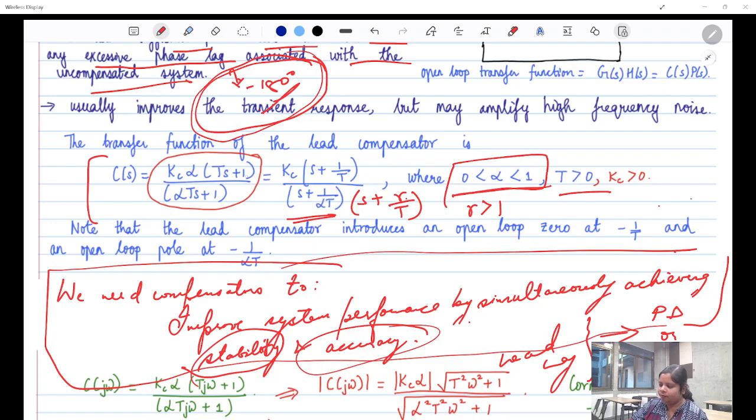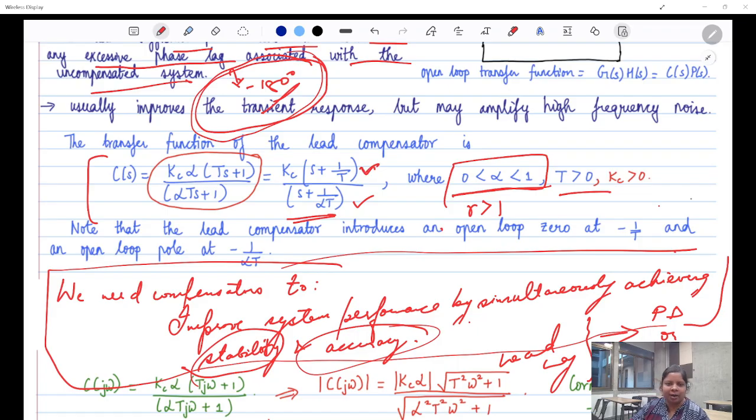So from here, the compensated transfer function is given by the following equation, which basically has 1 zero and 1 pole, right?